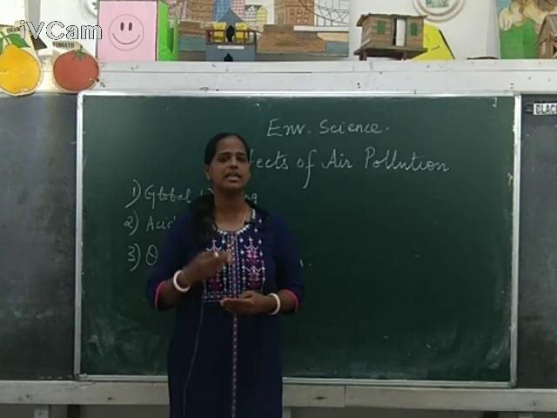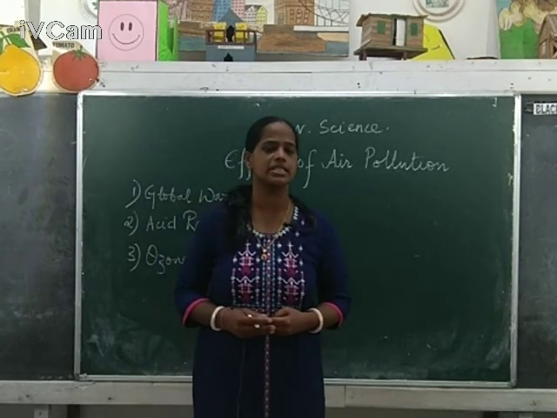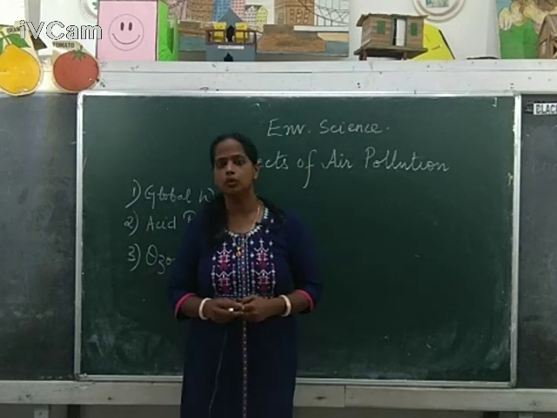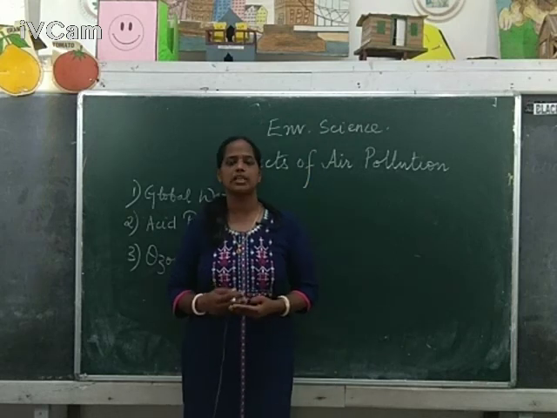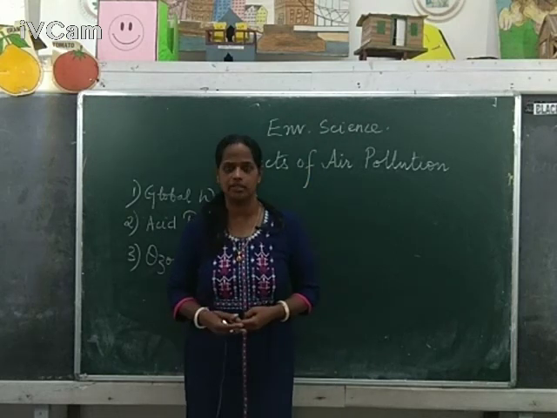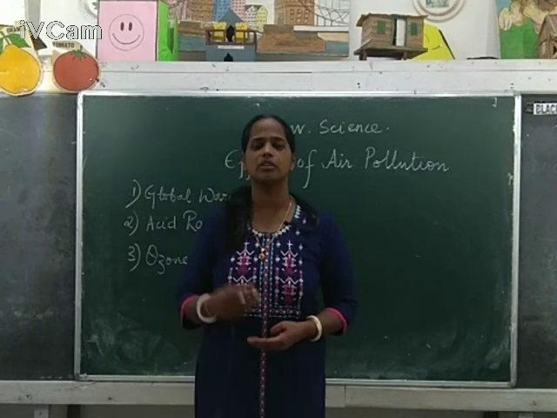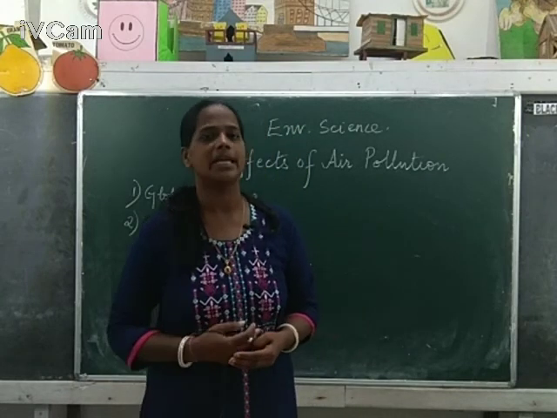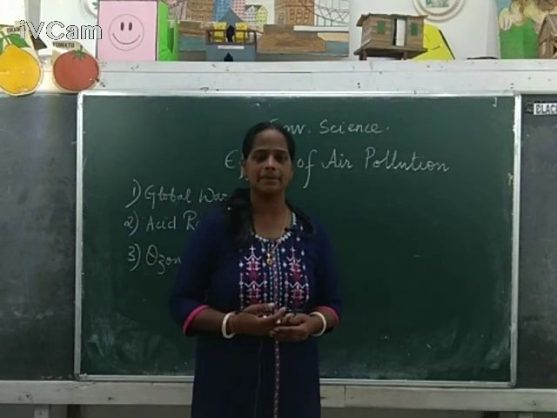When oxygen level increases, we do not consider that as pollution, because we all know that oxygen actually purifies air. But if carbon dioxide level goes up, if nitrogen level goes up, then the air is said to be contaminated.